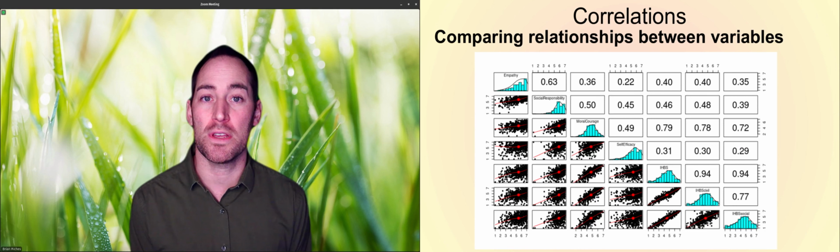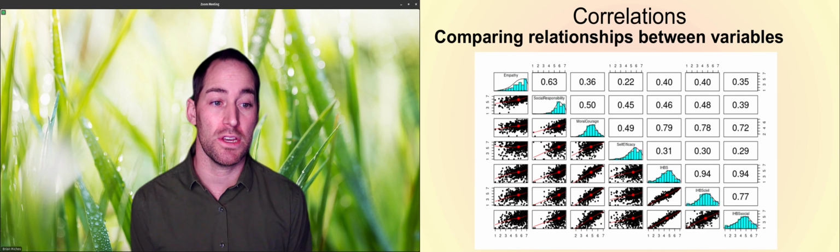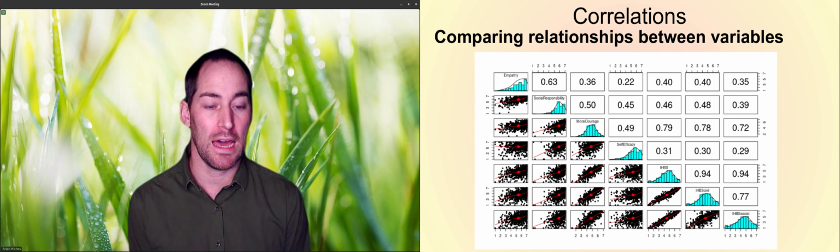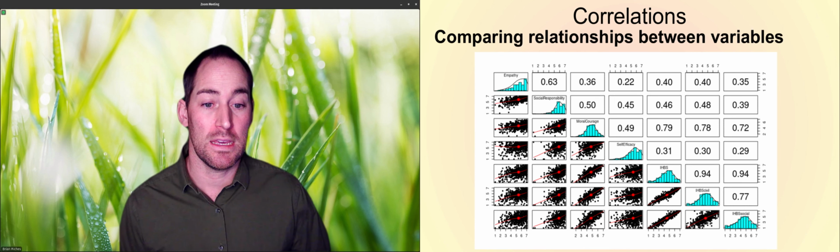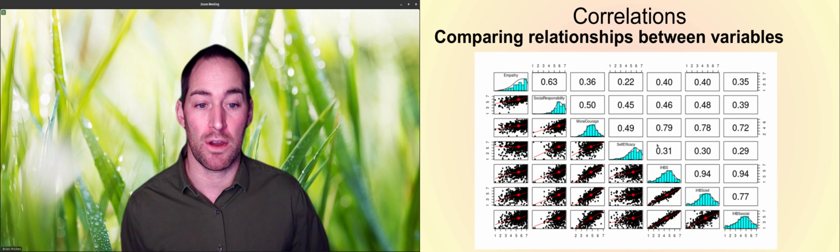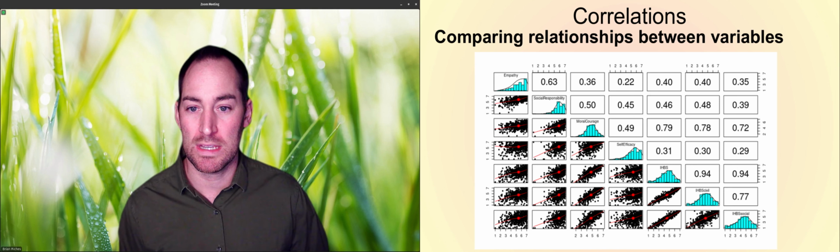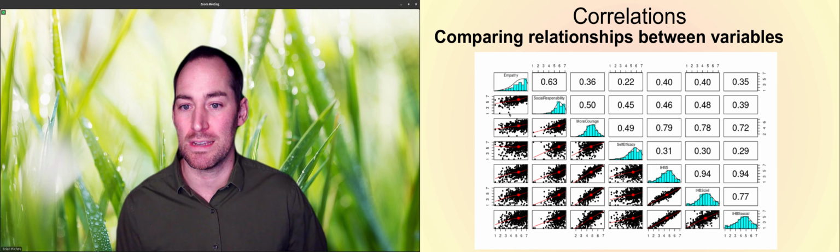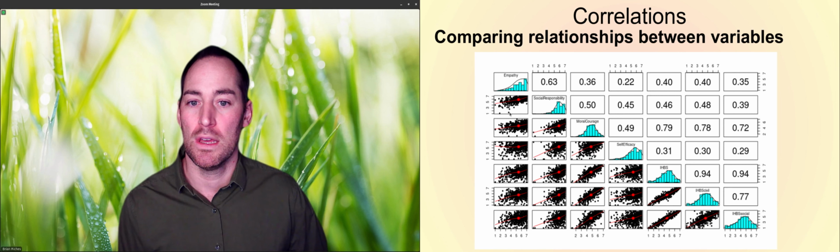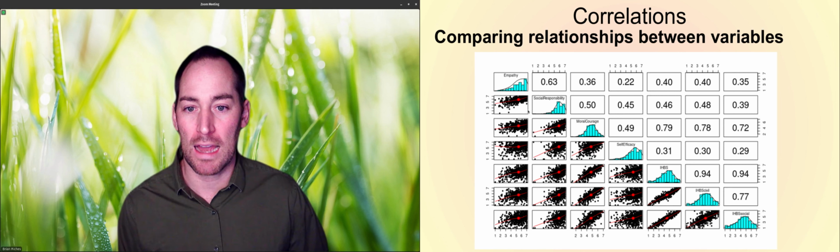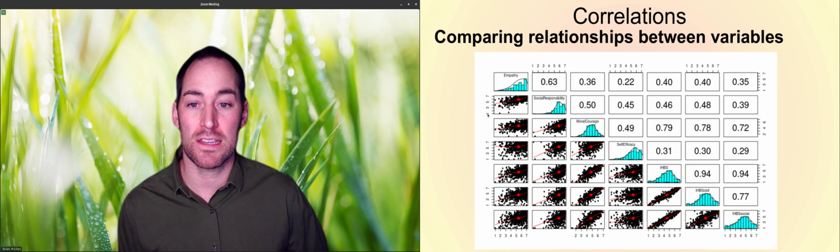So here are a couple examples of real correlational relationships from some of my data from testing the heroism scale that I created. As you can see here, each of these points is literally a person's score. On this axis, we've got social responsibility. On this axis, we have empathy.